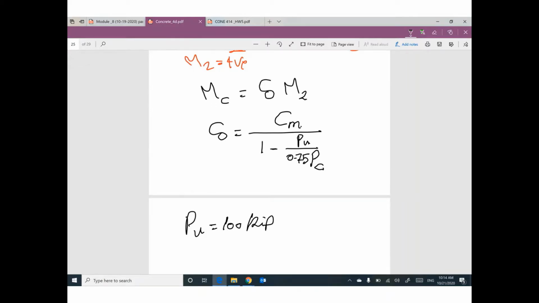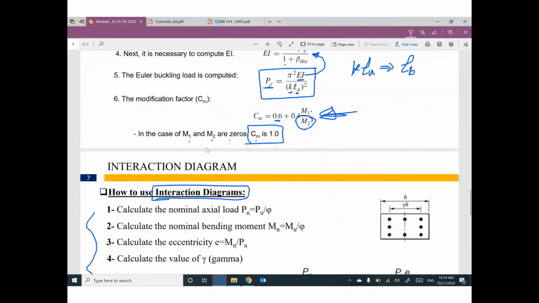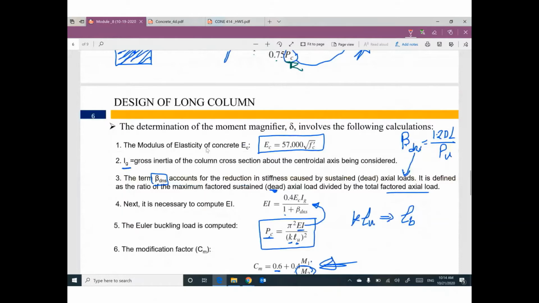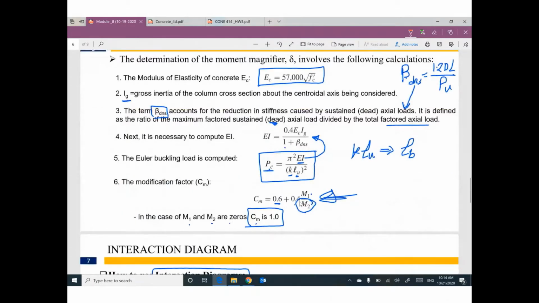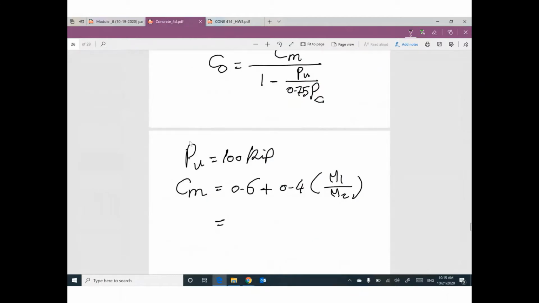CM, do you remember the value of CM? I think 0.6 plus 0.4 M1 divide M2. There you go. I can finish it right now. 0.6 plus 0.4.